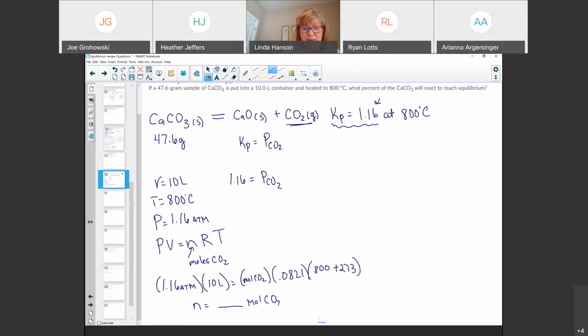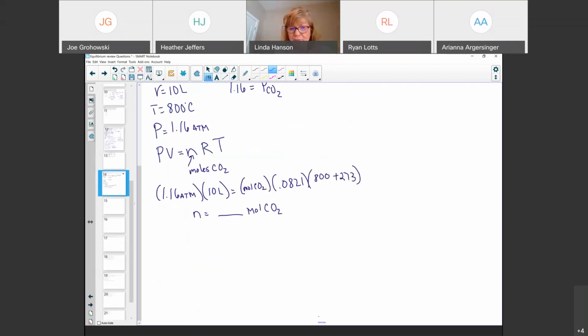A good old PV problem. 1.16 times 10 divided by R and T. Rounding a little bit, 0.1317 moles of carbon dioxide.